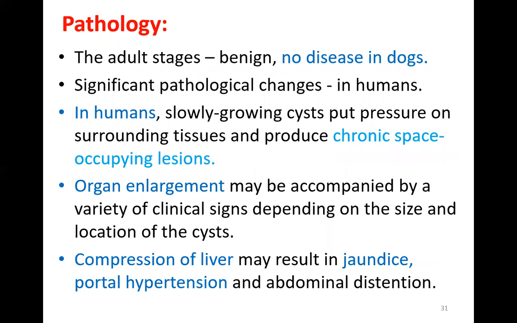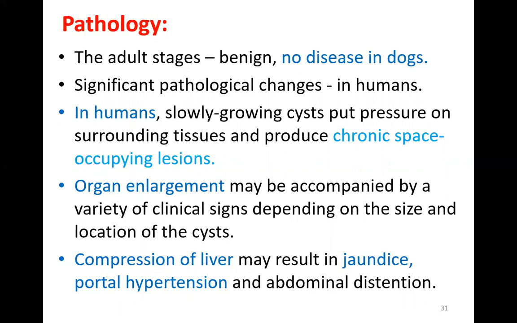Well, keeping in view the life cycle of the parasite, we can think about pathology. The adult stages present in the dog cause no disease in the dogs, but significant changes occur in humans.